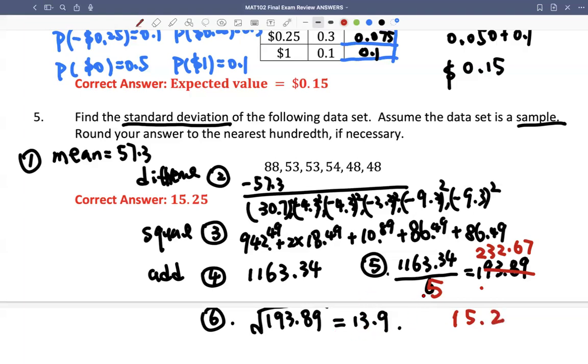So either one, I'll treat them as right. Okay, that's question 4 and 5.